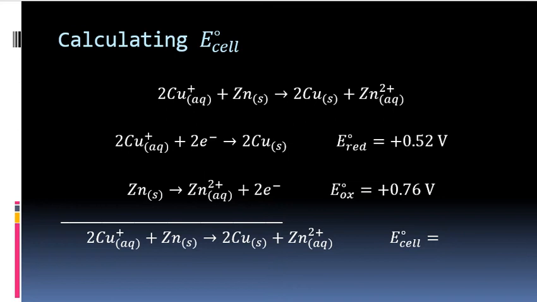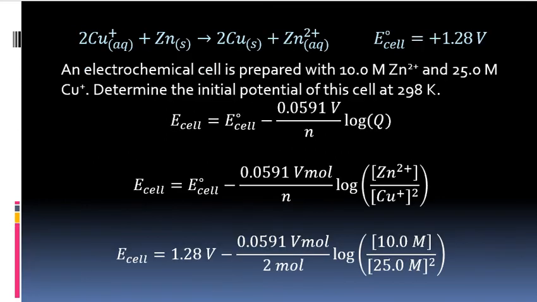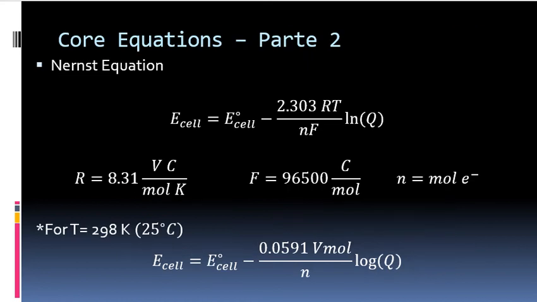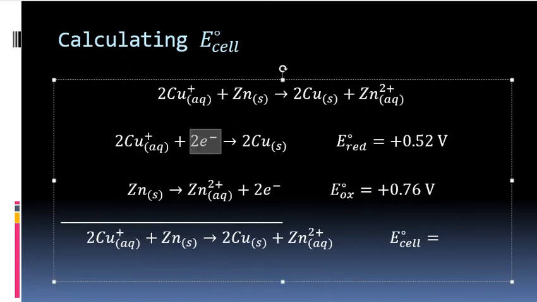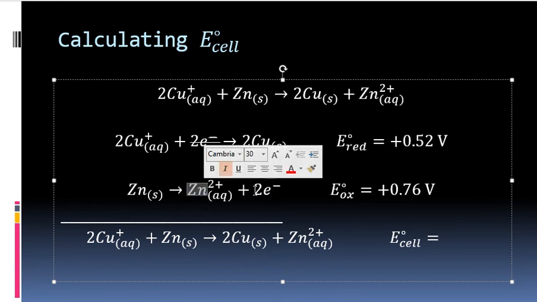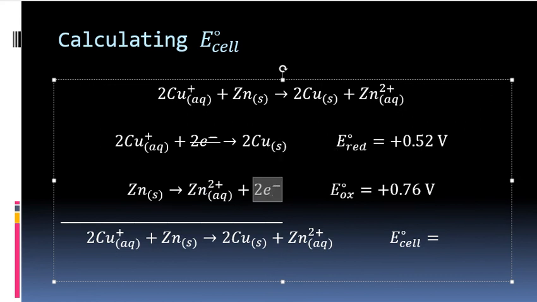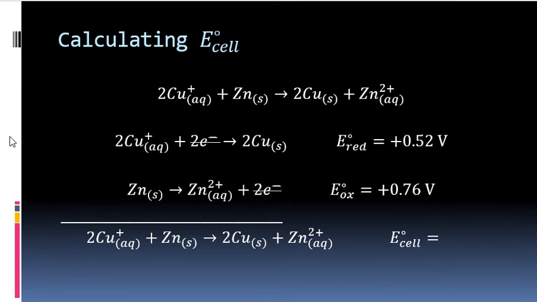Where it was originally negative 0.76, because we flipped it around, it's now positive 0.76. And adding this entire reaction together, we're more or less going to cancel out those 2 electrons that are being transferred from solid zinc to copper 1 plus.